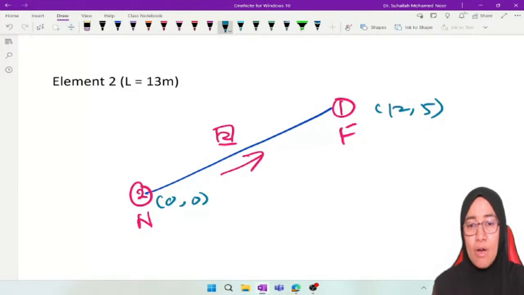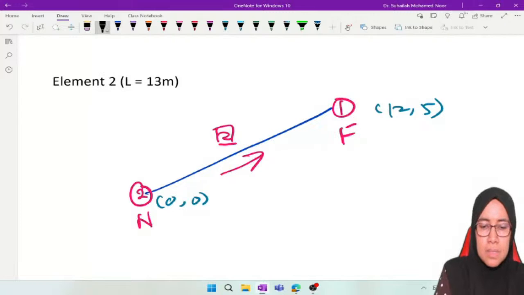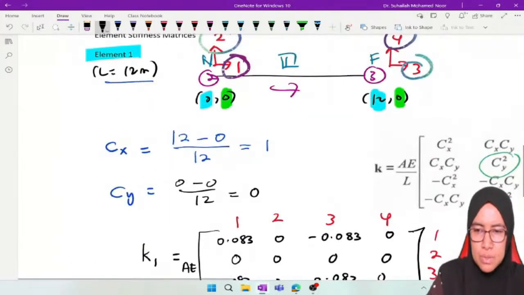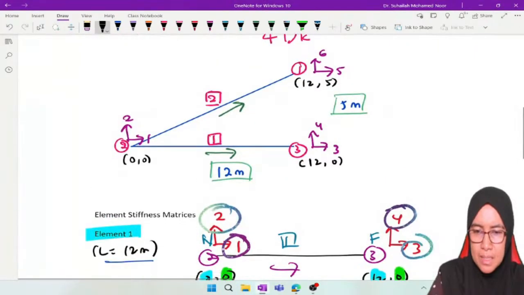Degree of freedom: 1, 2, and then 5, 6, right? What is the label that we use? 5, 6. Yes, 5, 6.